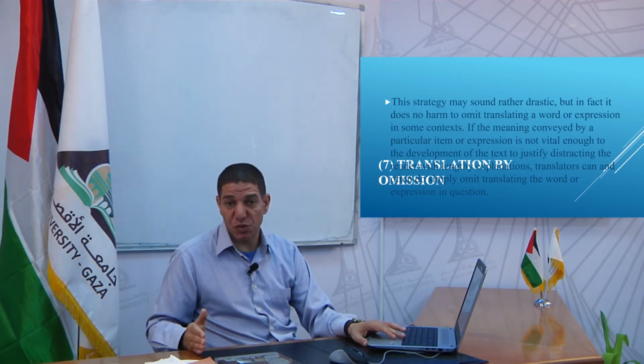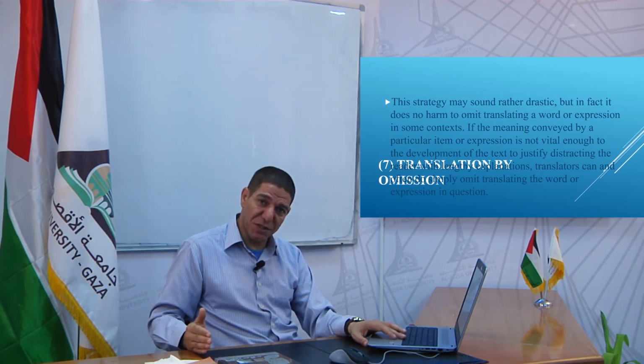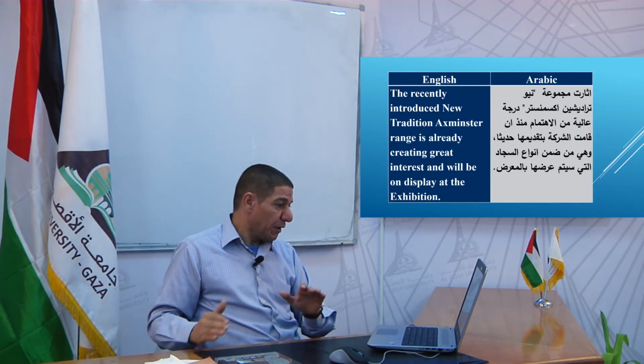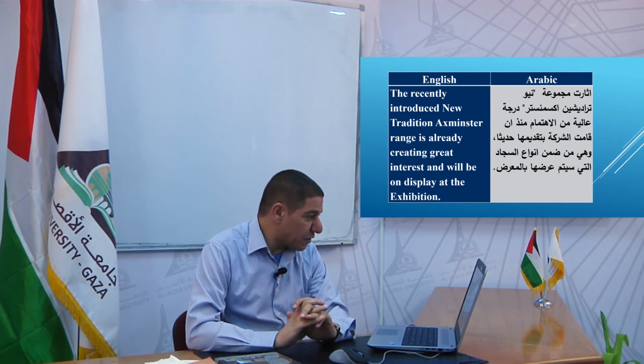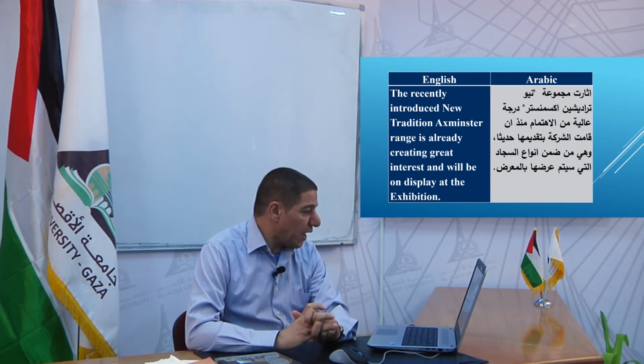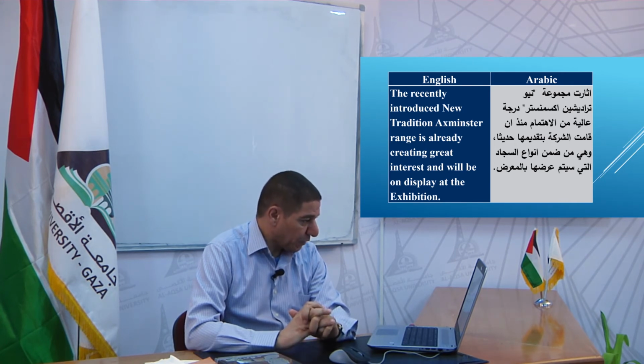You don't need to lose anything from the message. Okay? Look at this. The recently introduced new tradition Axminster range is already creating great interest and will be on display at the exhibition. Okay?